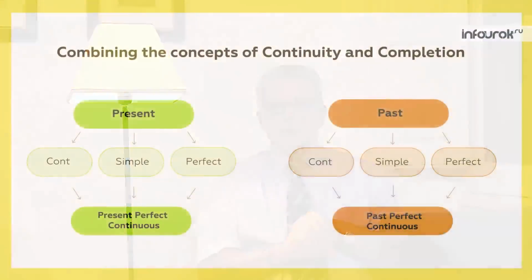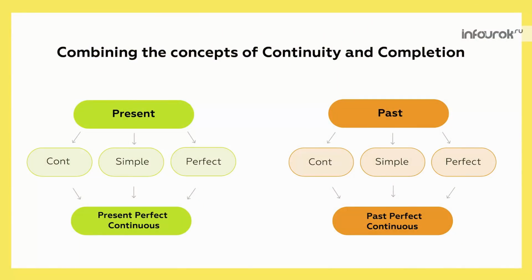These are the present perfect continuous and the past perfect continuous. What are they? They are the combination of two concepts, the concept of continuity and the concept of perfection, in the sense of completion, the perfect tense.